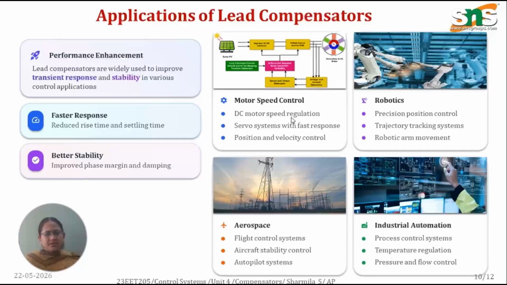In aerospace systems, they are applied in flight control, autopilot systems and aircraft stability control. In industrial automation, they are used in temperature regulation, pressure control and flow control systems. Their ability to improve speed and stability makes them highly valuable in industry.